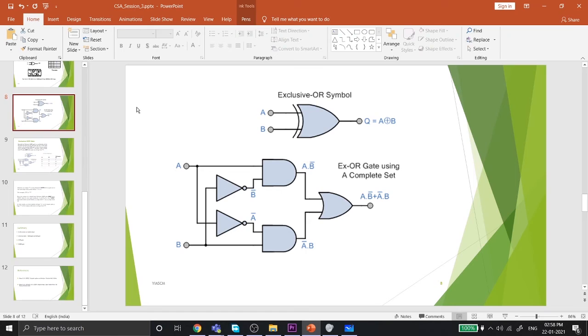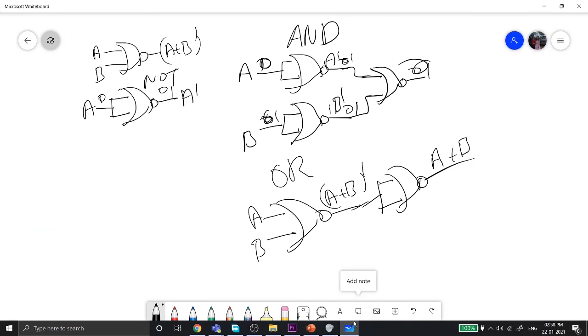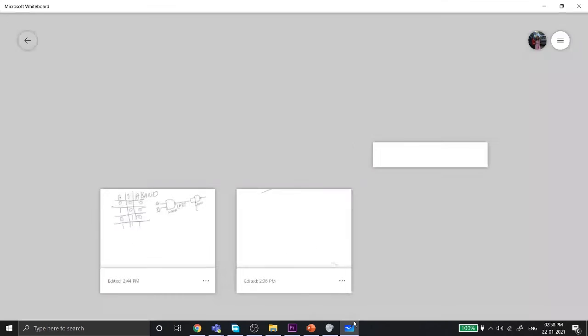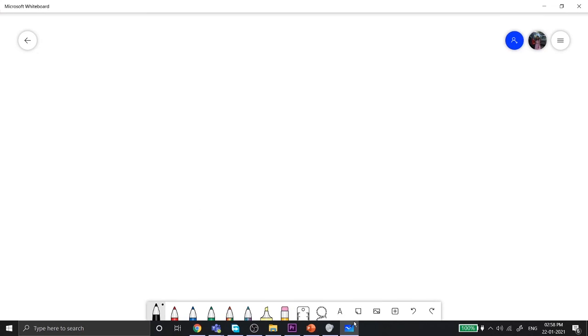So let's try to construct that without looking. I don't know if I can do this, but the exclusive OR gate truth table is 0 0 0, 1 0 1, 0 1 1, 1 1 0.